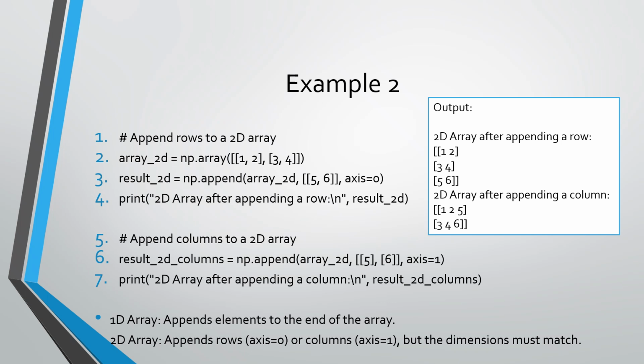So 5 and 6 will be added as the third column. We have to specify axis is equal to 1 because we are appending these elements as a column. So axis should be 1 if we are performing these operations based on the column. Here we have to understand that when we append rows or columns, the dimensions must match.